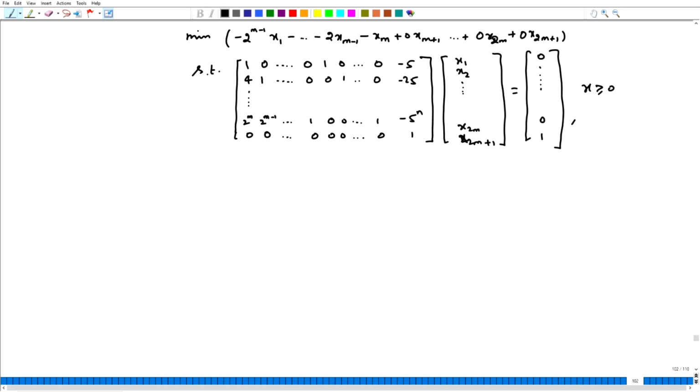So, I am going to write this matrix for a general value of m, okay. So, that means I will change the values of m and show how many iterations it takes in Karmarkar's algorithm when you just implement this particular problem, okay. So, let us go ahead to the implementation part, right.